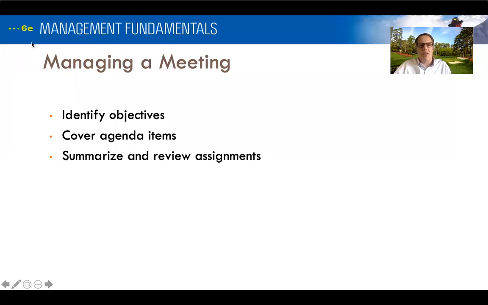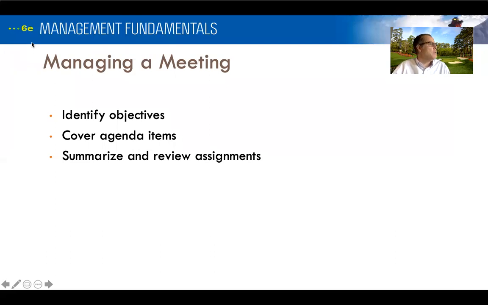One aside, just managing a meeting: as you go into a meeting and you're in charge of running it, make sure that you're coming in with objectives. I would highly encourage a written agenda in most cases, so people know what direction we're going and have the game plan in front of them.